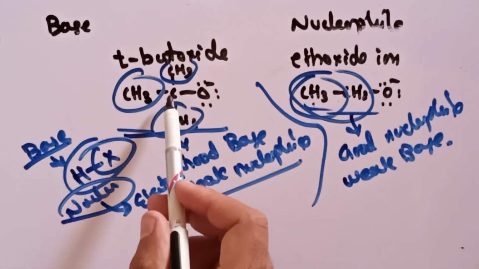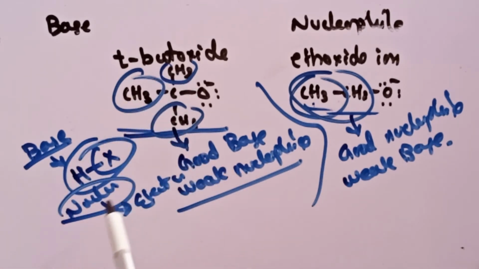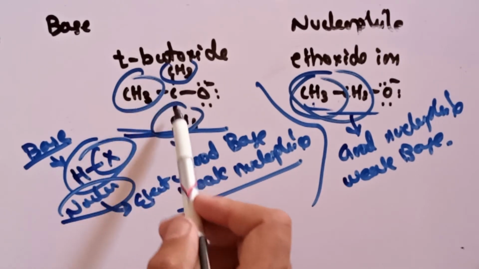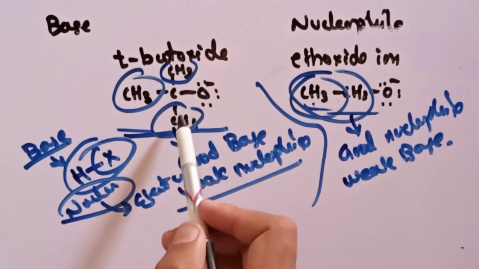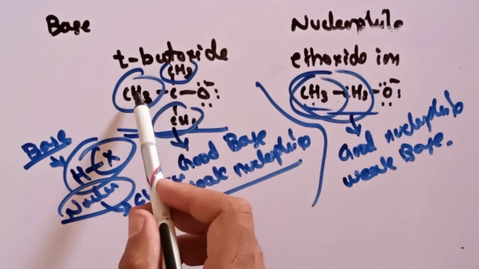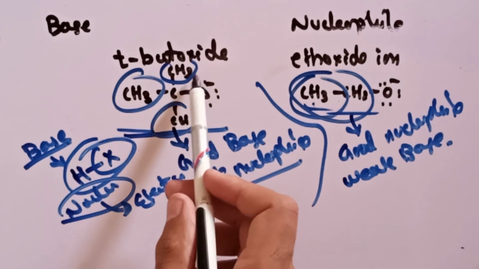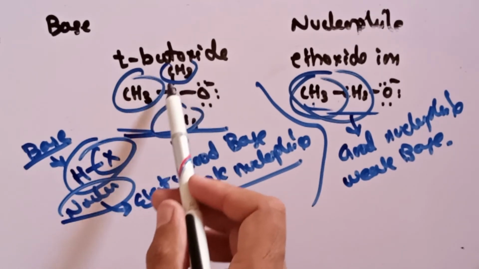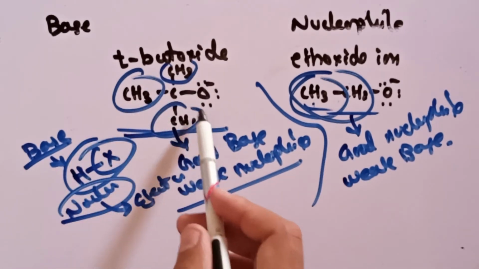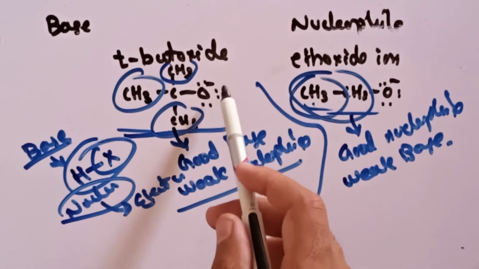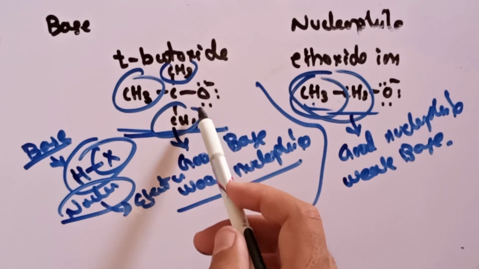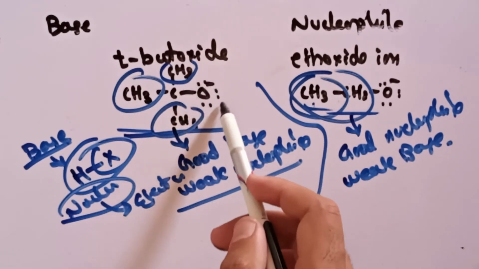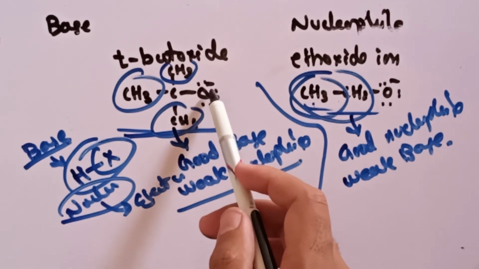In this case, all the methyl groups act as electron donating groups and increase the electron density on the oxygen atom, because the more alkyl groups, the more electron donating groups. That's why the electron density on oxygen will increase.